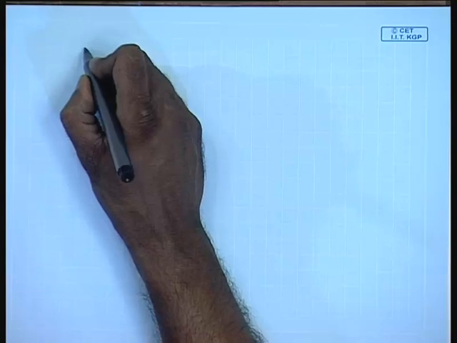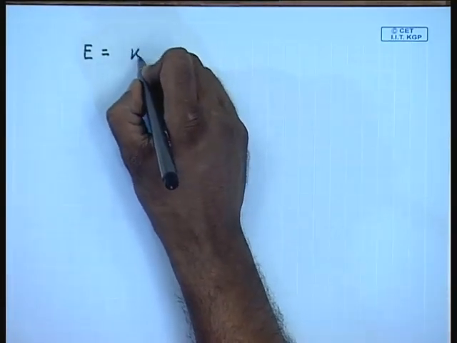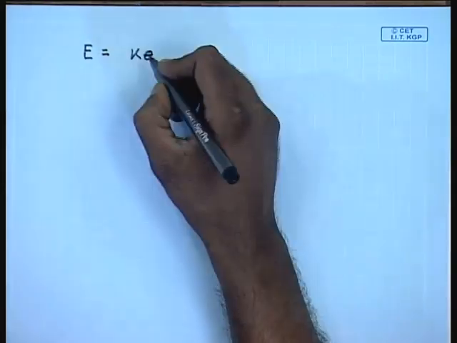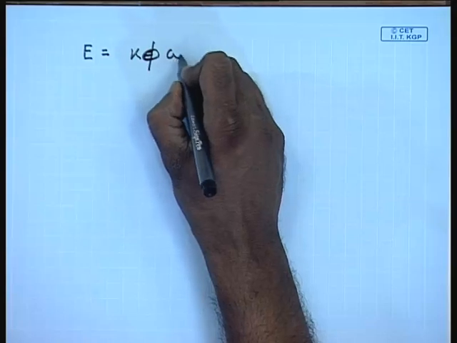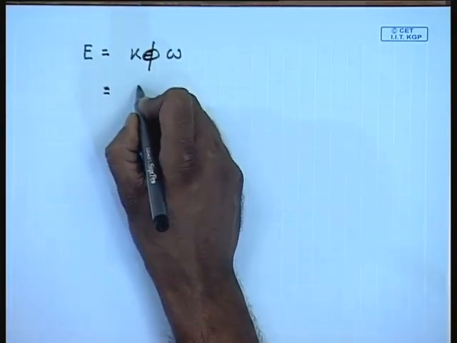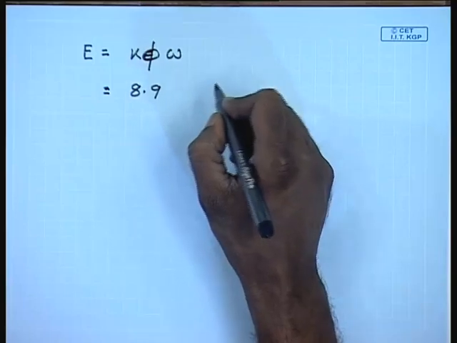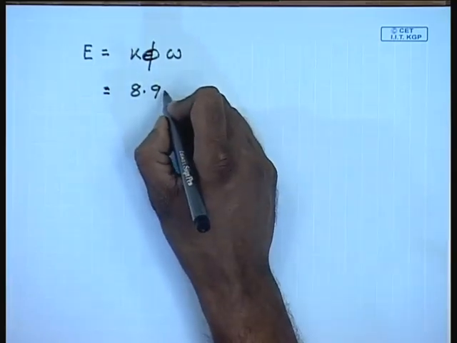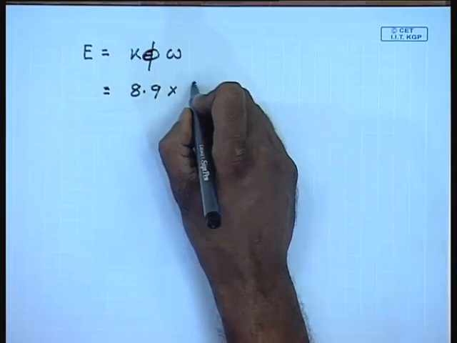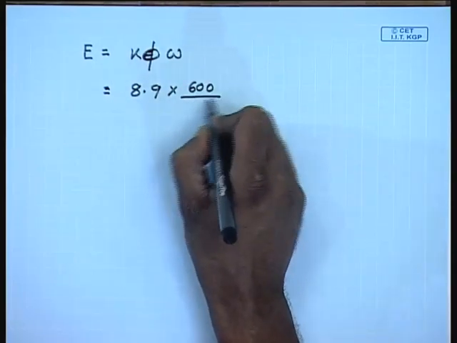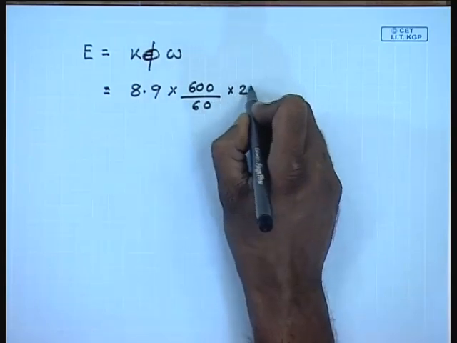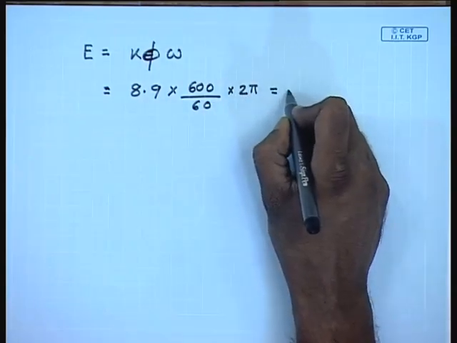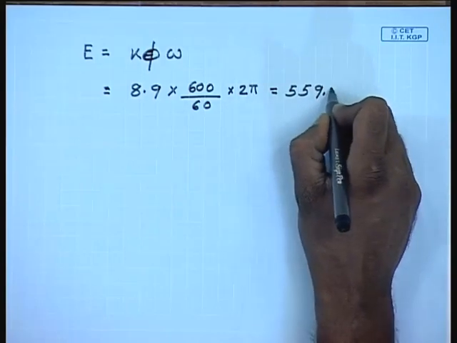Therefore, for 600 rpm, E equal to K phi omega equal to 8.9 into 600 by 60 into 2 pi, this comes to 559.2 volts.